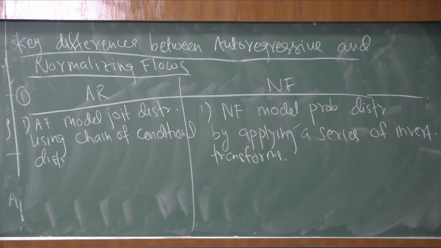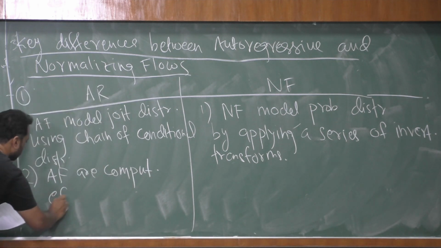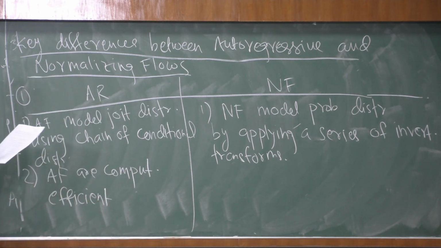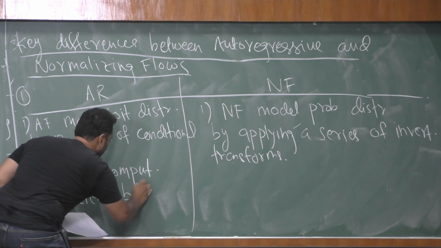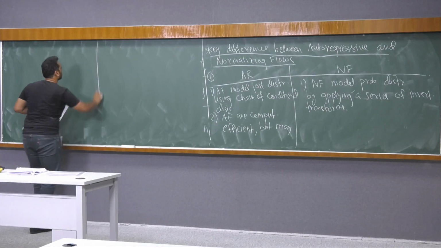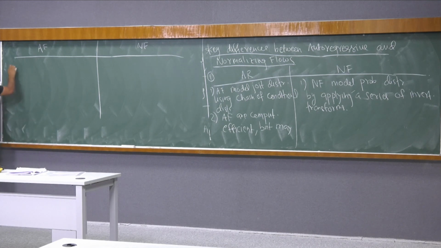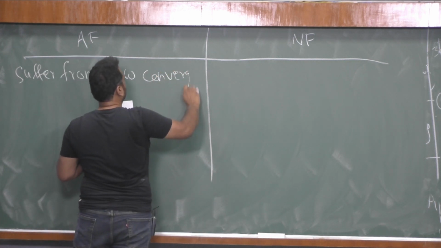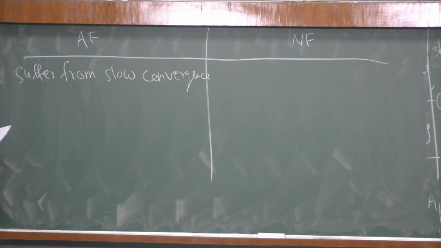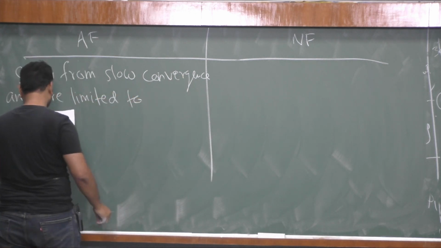Autoregressive flows are computationally efficient, but may suffer from slow convergence and are limited to modeling low dimensional data.